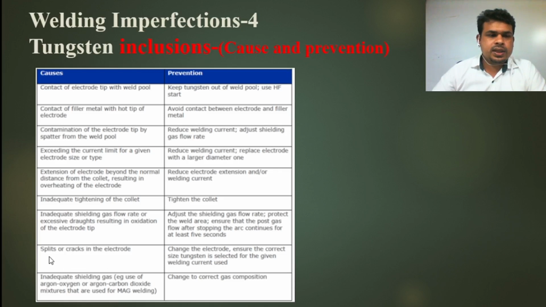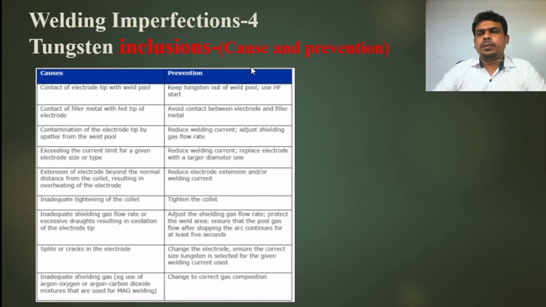Another thing is a split or cracked electrode, then change the electrode and ensure the correct size of tungsten is selected for the given welding current used. Then inadequate shielding gas, for example use of argon oxygen or argon carbon dioxide mixtures that are used for MIG welding, so change to the correct gas composition.